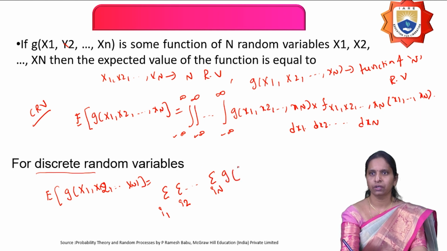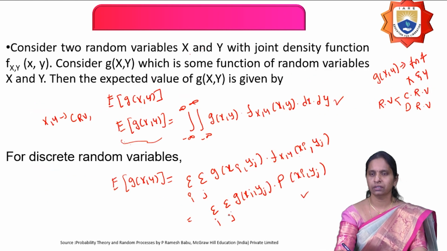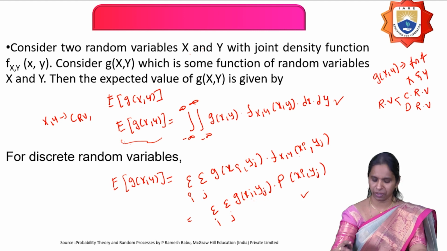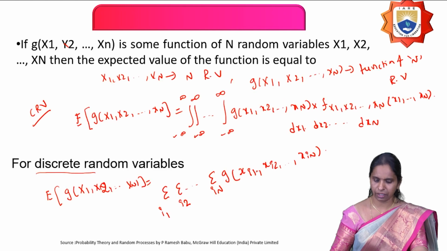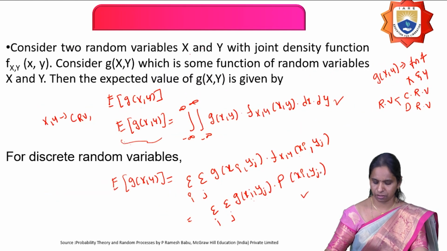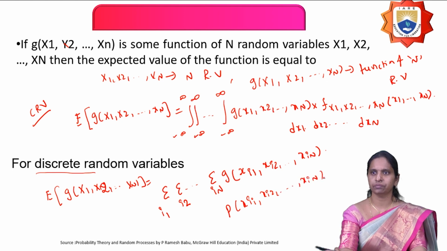G of xi1. What is the first one here? For 2 random variables, the first variable is i and the second variable is j, so g of xi comma yj. If you have n random variables, it is xi1, xi2 and so on xin, into the probability mass function, the joint probability function P of xi1, xi2 and so on xin.